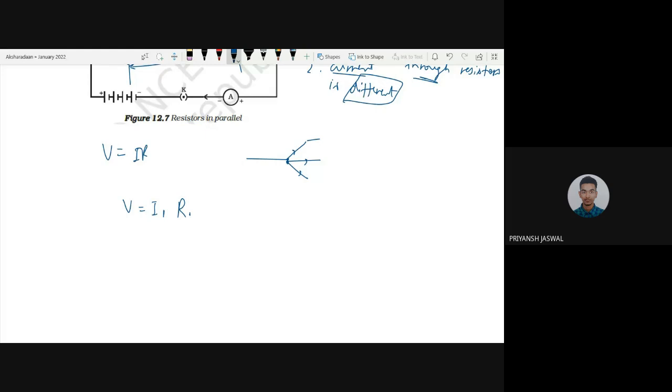Here are the resistances. So current I splits into three parts. The equation which comes from here is simple: I equals these split parts. The split parts will constitute the whole current.